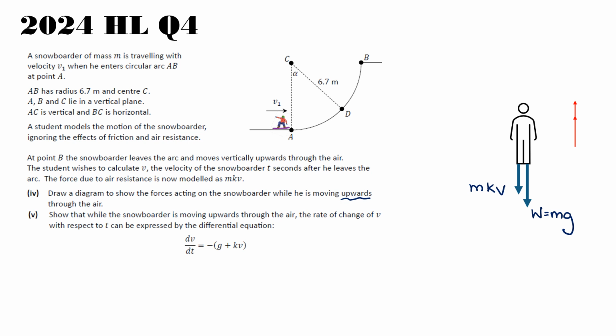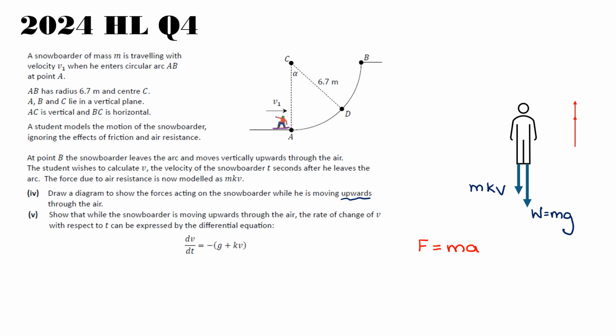So then part 5 asks us to show that while the snowboarder is moving upwards through the air, so this scenario we've just drawn out, the rate of change of v with respect to t can be expressed by the differential equation dv/dt is equal to minus (g plus kv). Now, we know anytime we have a force diagram, we are working with F equals ma. So our force will always go in the direction that we are moving.